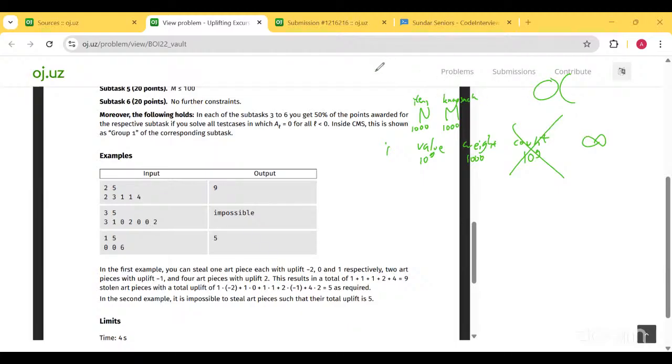Then it is just like the coin change problem, right? Coin change problem. And again, we can solve it in NM using two-dimensional DP. Is it correct? Do you agree with this?